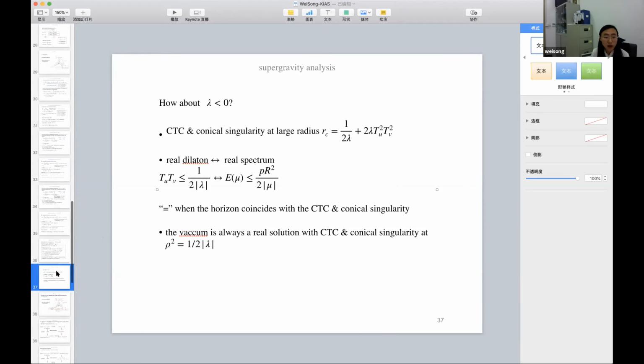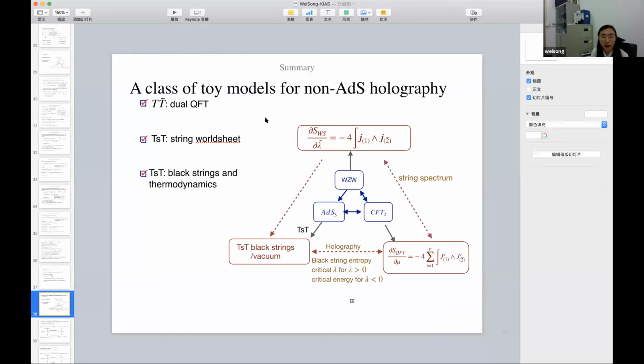Okay, so to summarize, we have a toy model for this non-asymptotically AdS holography, and here I describe it using 3 languages.